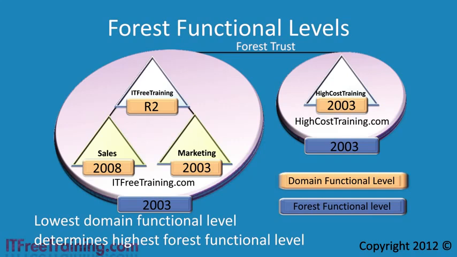All we need to do is upgrade all the domain controllers in the domain to Windows Server 2008 R2. Once done, the domain functional level is raised to Windows Server 2008 R2. Once that is done, we raise the Forest functional level to Windows Server 2008 R2. Easy. The IT Free Training Forest is a little bit more difficult.